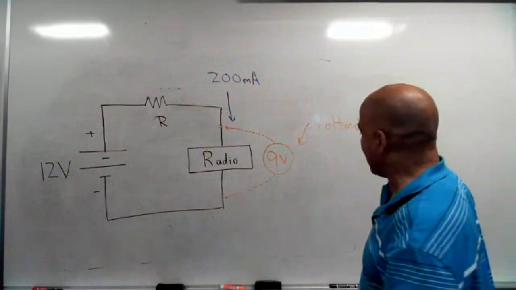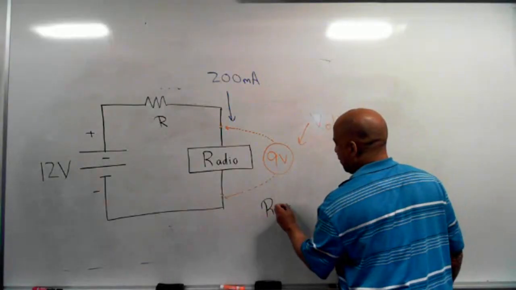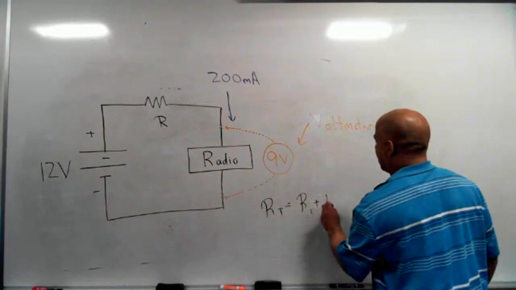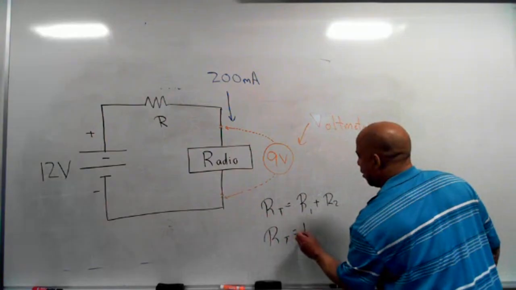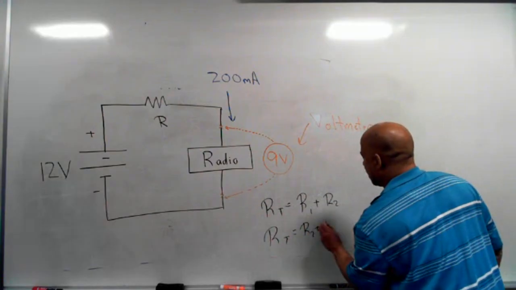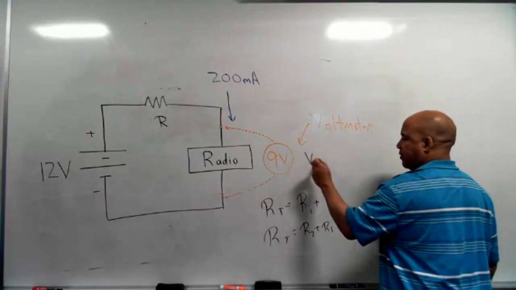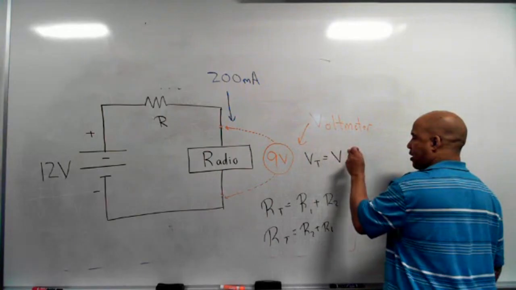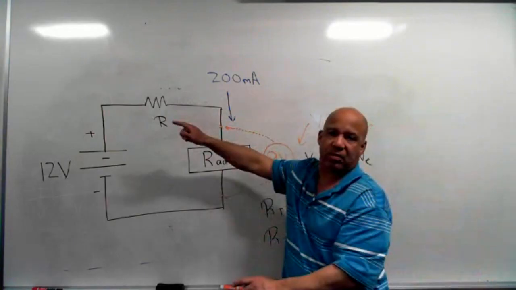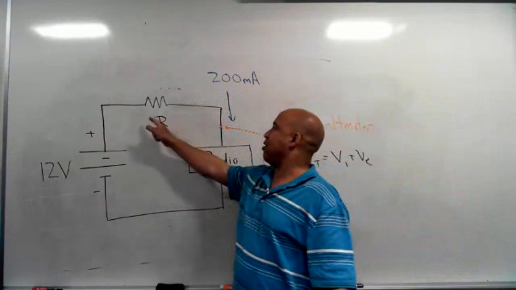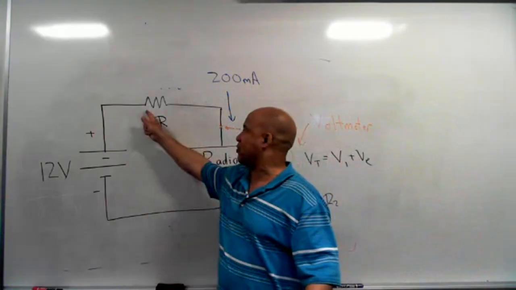The order of it, you can tell that if I have the total resistance equals R1 plus R2, the total resistance also equals R2 plus R1. If I look at Kirchhoff's voltage law, the voltage in the circuit is going to be V1 plus V2, or I can switch it around. The order of these doesn't matter. So you don't say to yourself, well, the current's going to hit this resistor first.